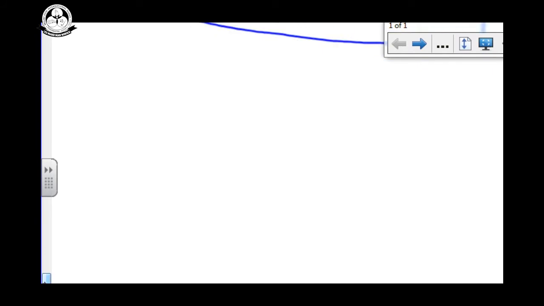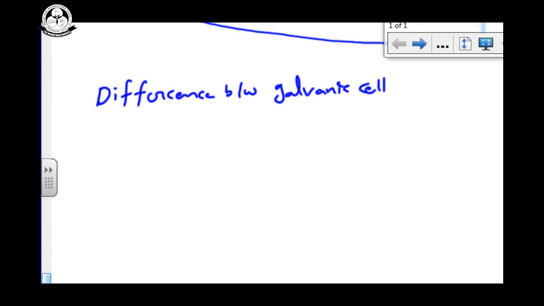Now see the differences between galvanic cells and electrolytic cells.